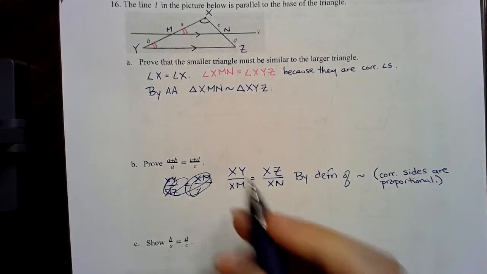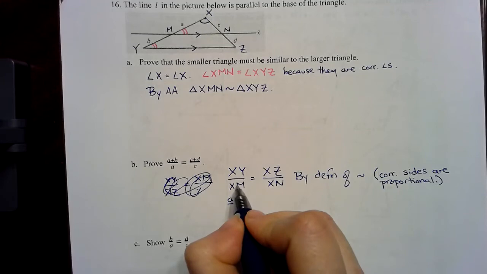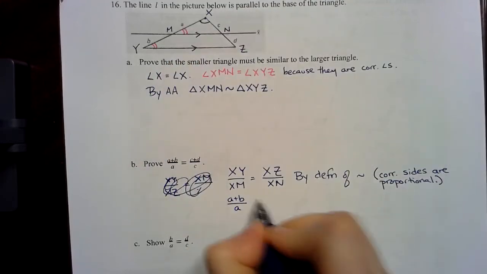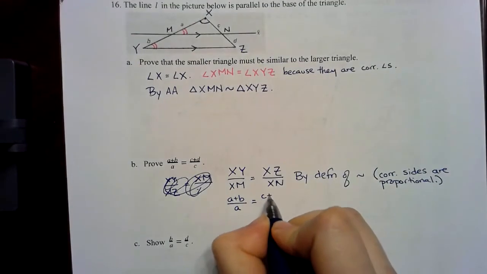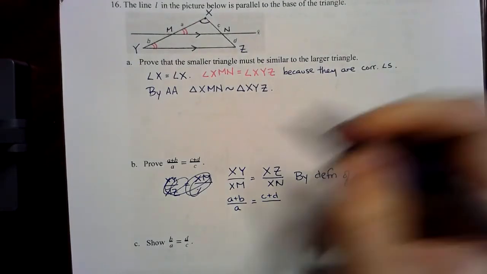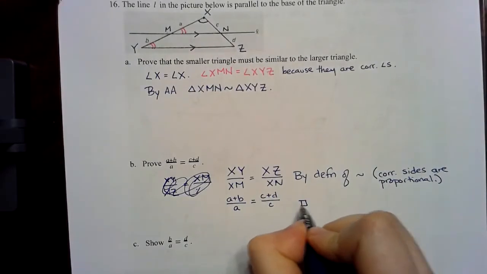But XY was A plus B, and XM was A, XZ was C plus D, and XN was C. So we're done.